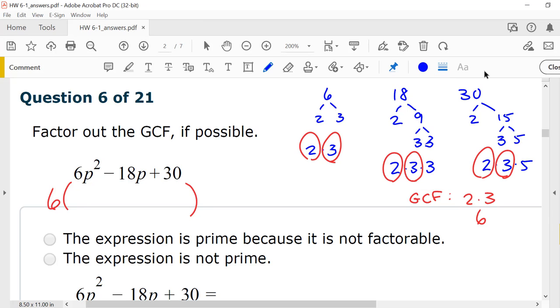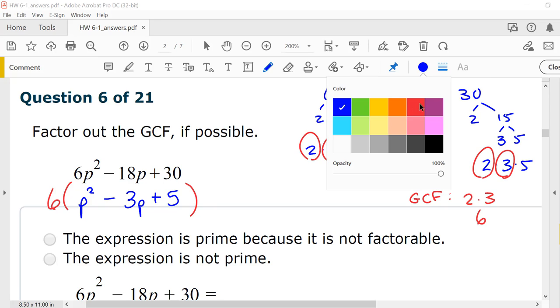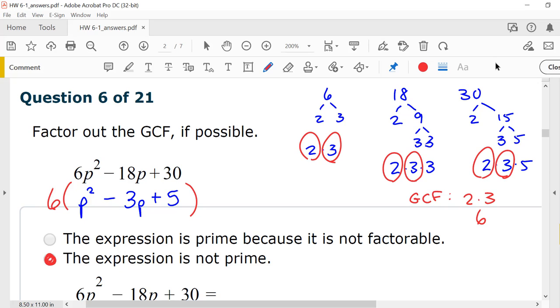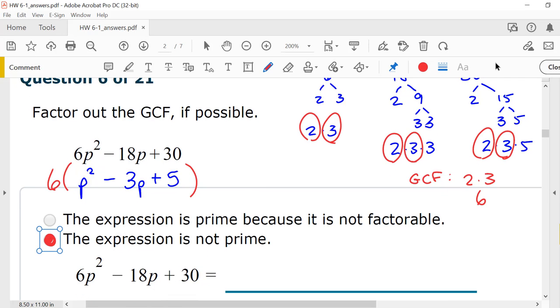What would be left? 6p squared minus 6 times what gives you 18p? 3p plus 6 times what gives you 30? 5. So the expression is not prime. In fact, you can pull out a 6 and you're left with p squared minus 3p plus 5.